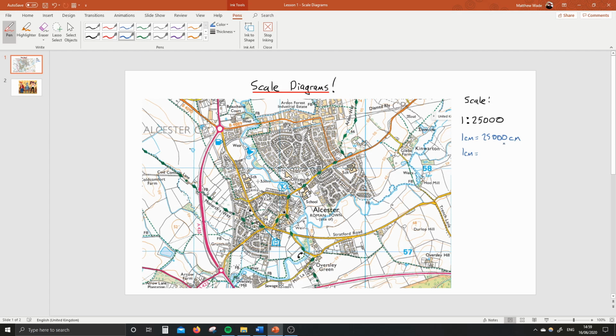To turn centimeters into meters, what do we have to divide by? If you said 100, because there's 100 centimeters in a meter, you're absolutely right. So if we divide by 100, that means move the decimal twice, and it's going to end up there. Which means 1 centimeter is 250 meters, which does kind of make sense, okay?